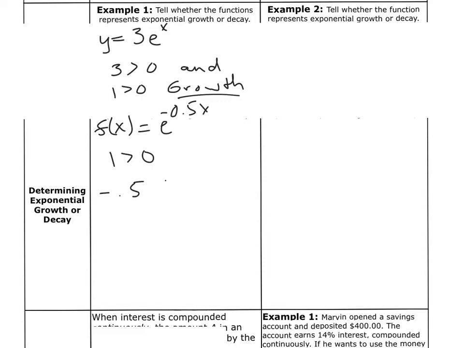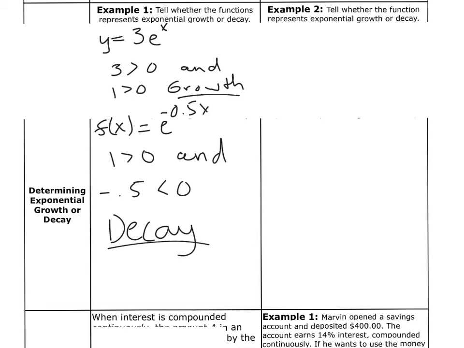With that being said, that is going to be less than 0, right? That's not greater than, that is definitely less than 0. So what this would end up being is decay. Okay, so since 1 is greater than 0 and negative 0.5 is less than 0, we have decay.